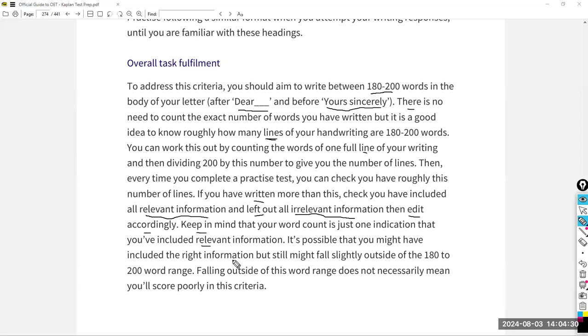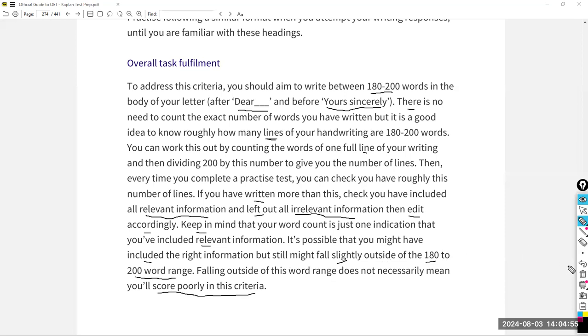It's possible that you might have included the right information, but still might fall slightly outside of the 180 to 200 words range. Falling outside of this word range doesn't necessarily mean you will score poorly, for example, in this criteria.